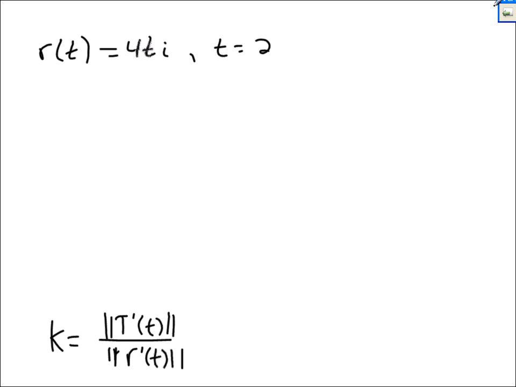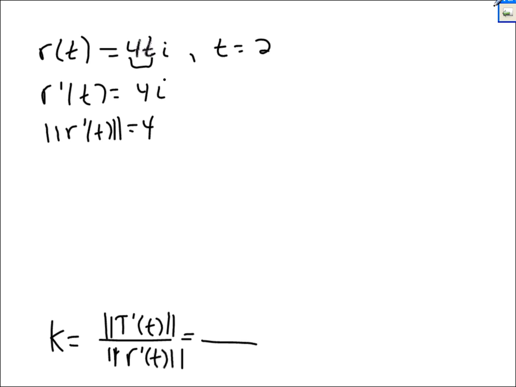Okay, so let's find the denominator. Let's find r prime of t, the length of it. Well, r prime of t is 4i. So the length of 4i is going to be 4. I mean, think about it. This is 4 plus 0j.